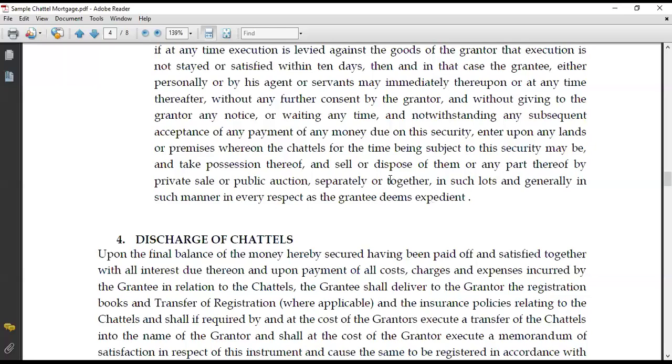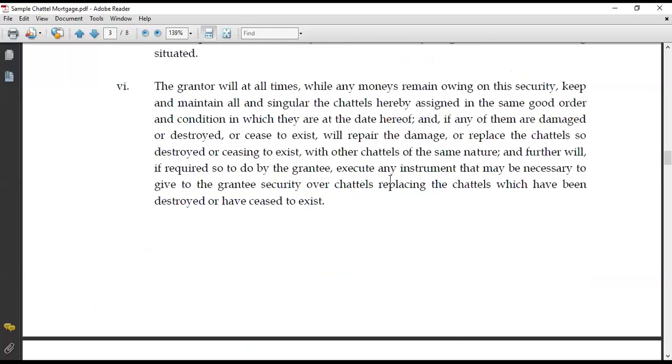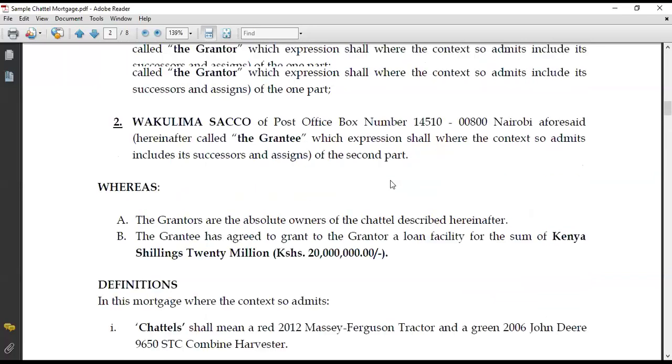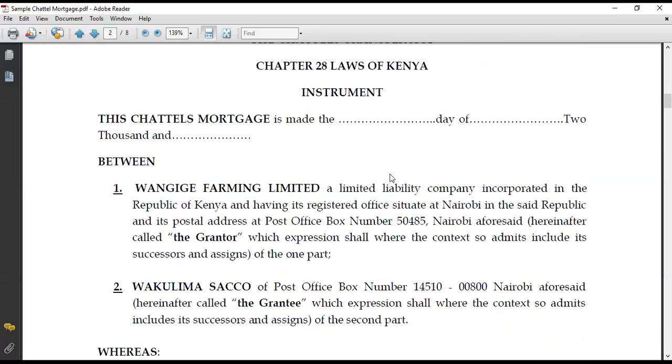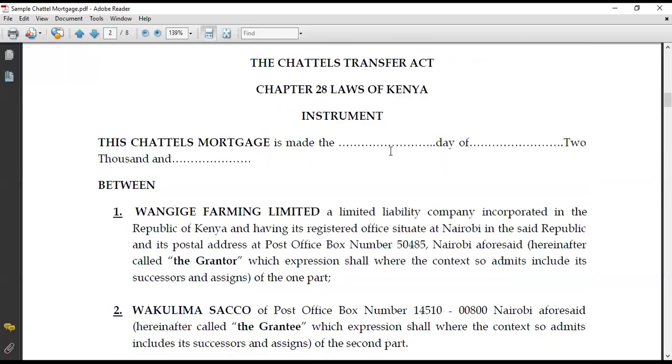I want to project a document here. This is a sample chattel mortgage, which is of course secured credit under the old Chattels Act, the one of the acts that was repealed by the Movable Property Act. So in an exam scenario, if you are given 5 marks, that's why I wanted you to draft, so I see how you have drafted and the time you have taken.